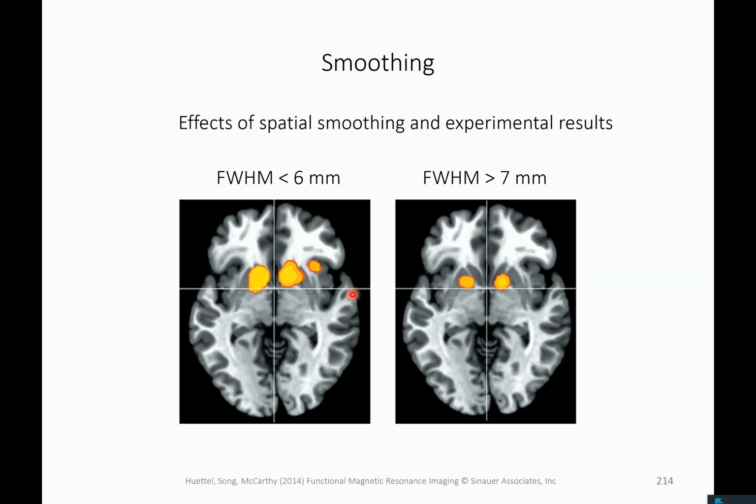The story is that if you smooth with a full width half maximum larger than 7 millimeters, you only get activation in one part of the striatum. If you smooth with smaller than 6 millimeters, you get activity in both parts of the striatum and also some insular activity.